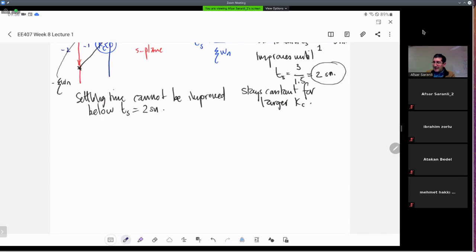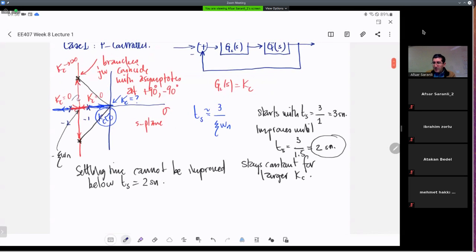So you see that with a proportional controller, if I have two stable poles, I remain in the stable region always. So the system is always stable with stable open loop poles.